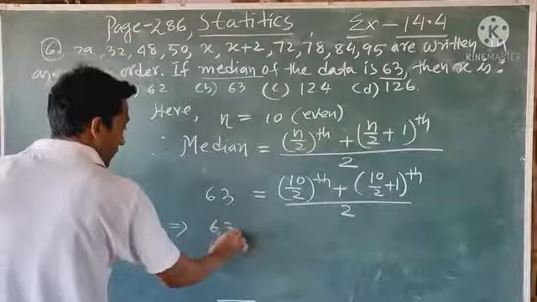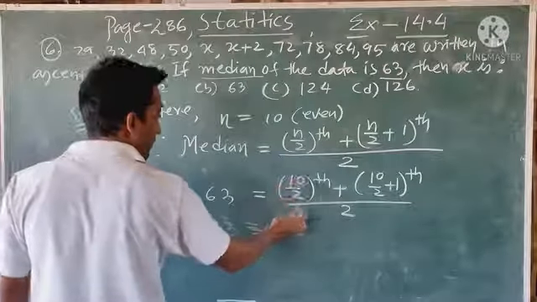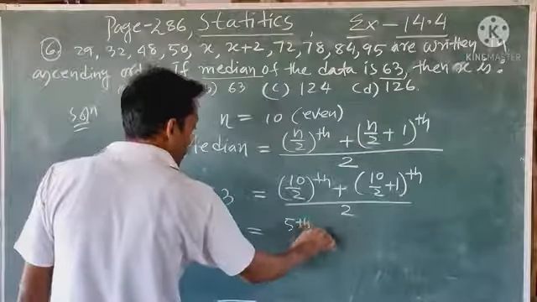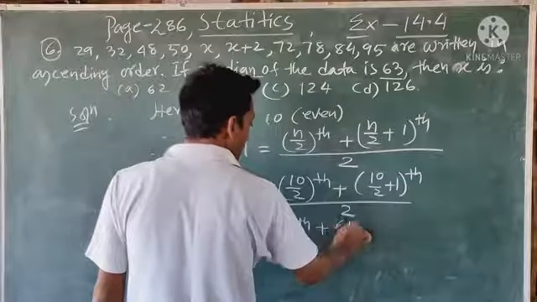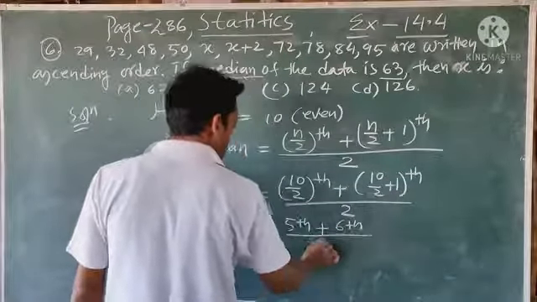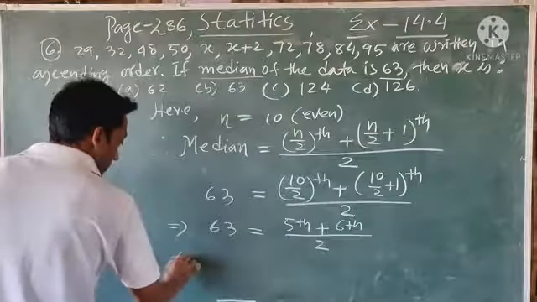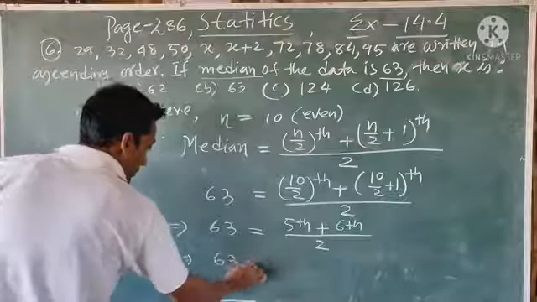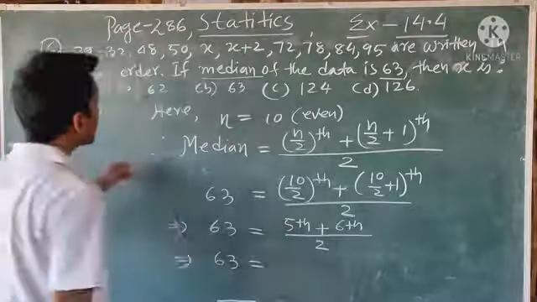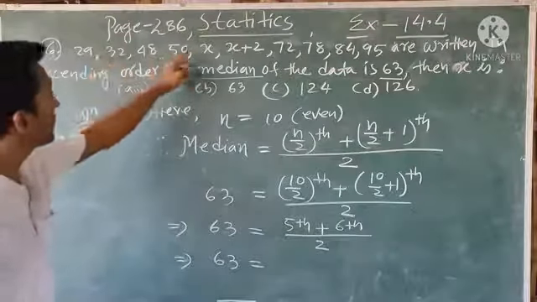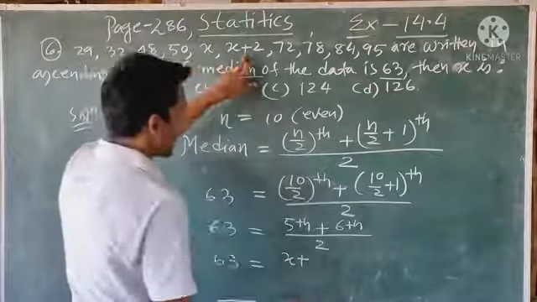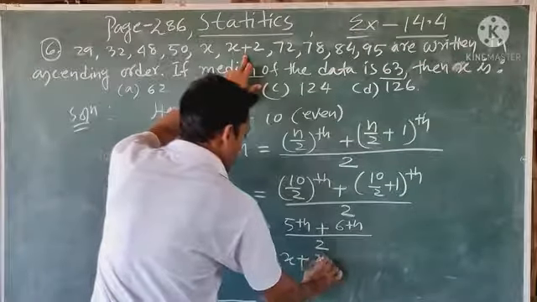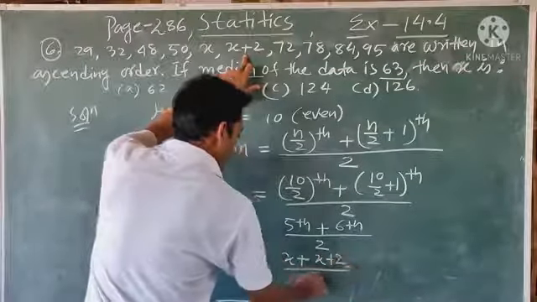So 63. 10 by 2 is the 5th observation. 10 by 2 is 5, plus 1 is the 6th observation. Divide by 2. Now you see the 5th observation, which one? 1, 2, 3, 4, 5. The 5th observation is x. The 6th observation is x plus 2, by 2.